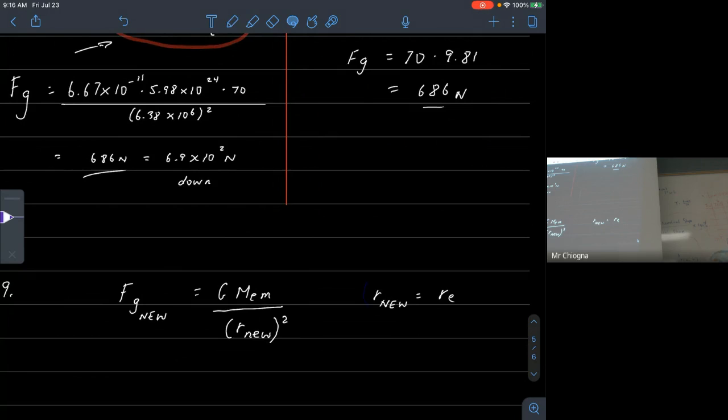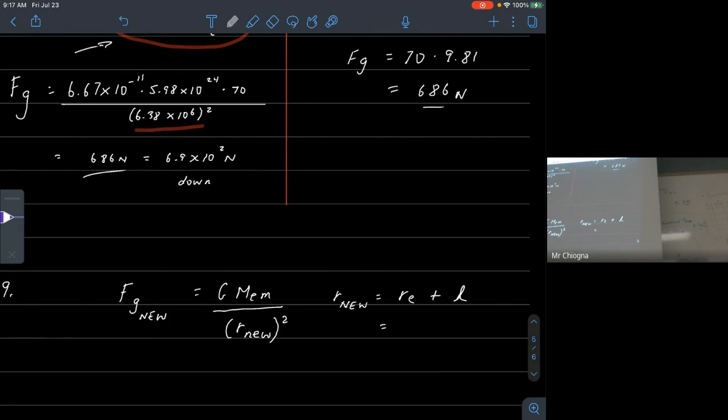the radius of the Earth, plus the height that we're given here. So that is what we used here.